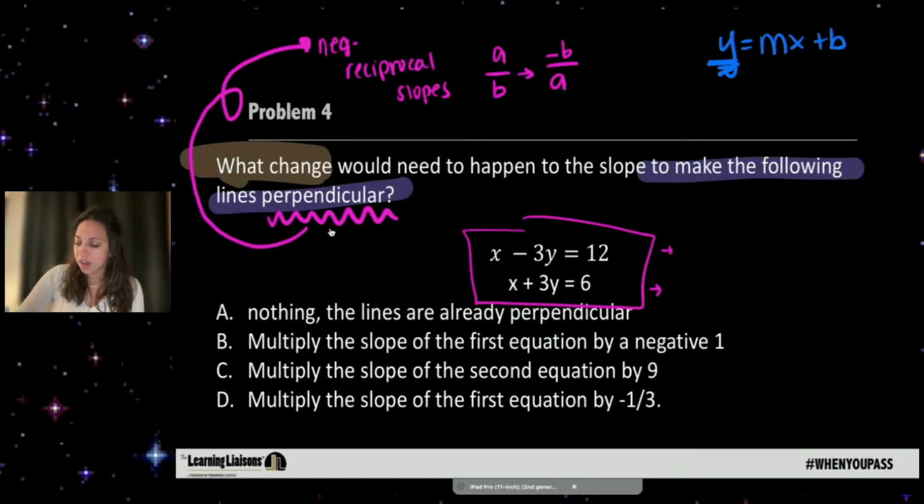Well, if I have x minus 3y equals 12, sorry about the dog, I'm going to subtract x from both sides. I have negative 3y equals negative x plus 12.